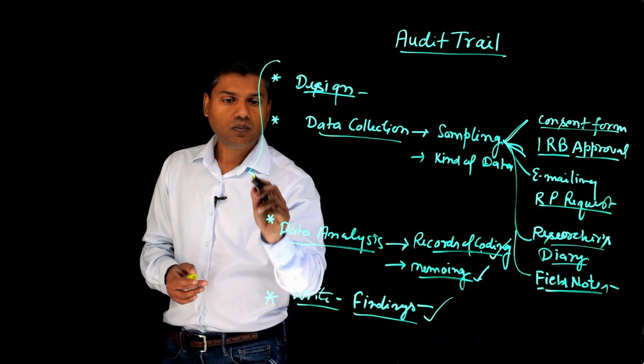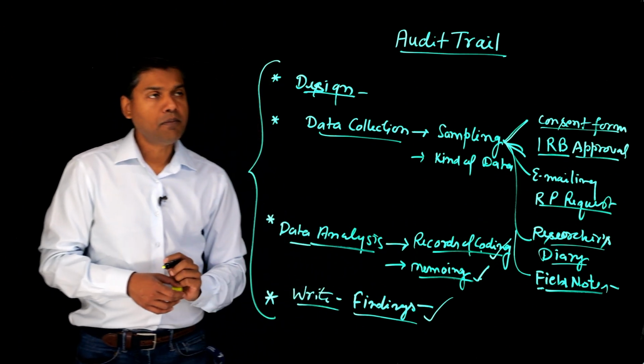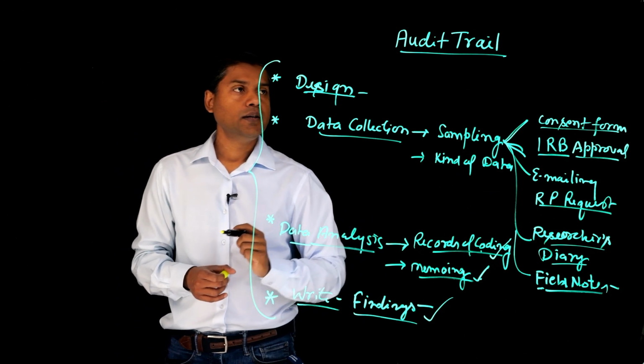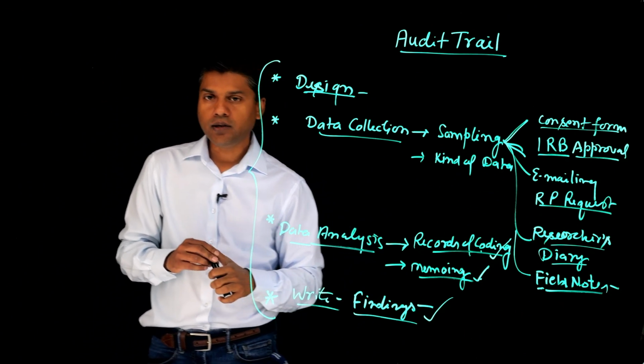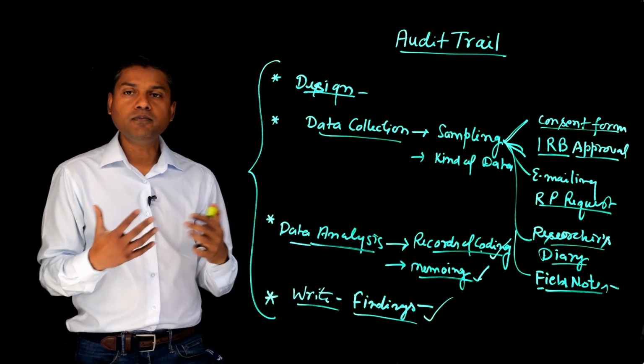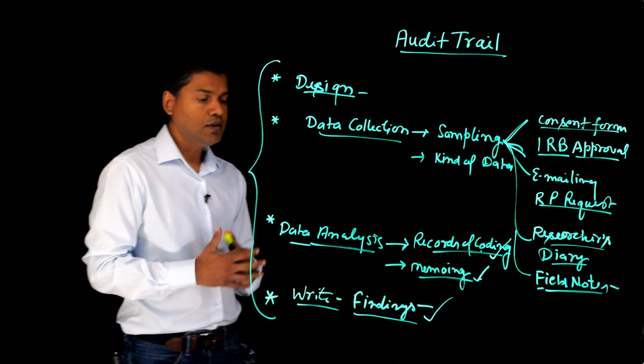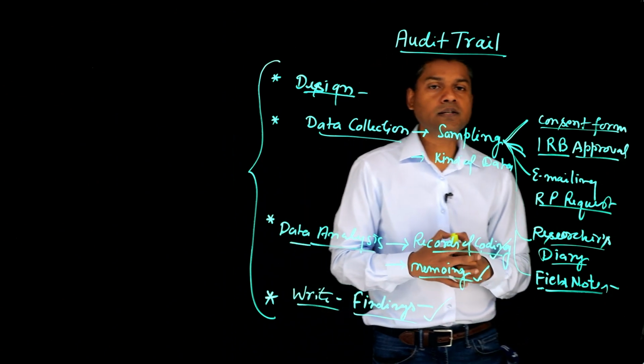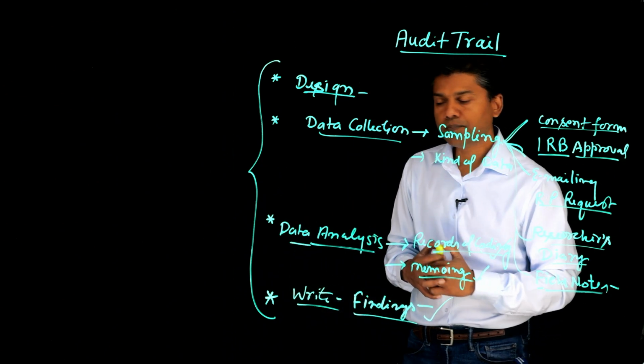So let's come back to what we are discussing here. Audit trail is about having a documented record of all the decisions and all the activities that we engage in as qualitative researchers.